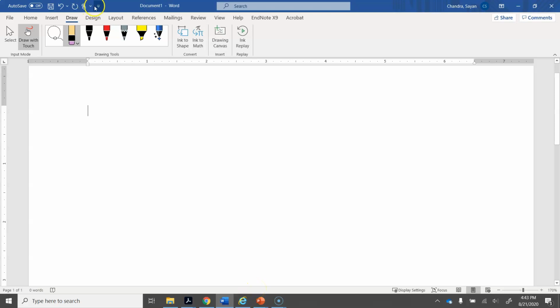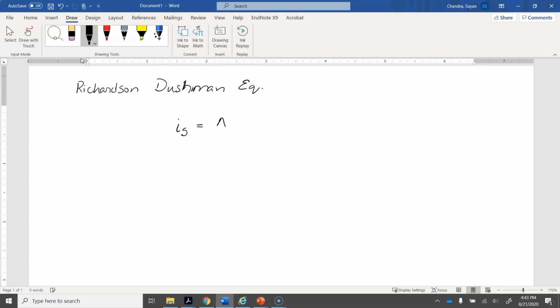So we learned in the previous class that the thermionic emission can be expressed by the Richardson-Dushman equation, which is I_S equals A times T squared and then an exponential term.